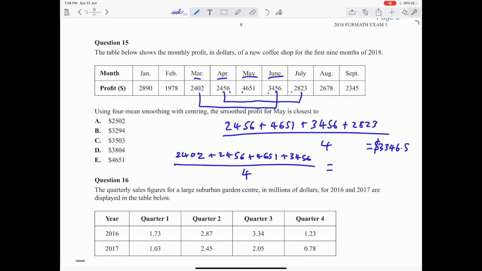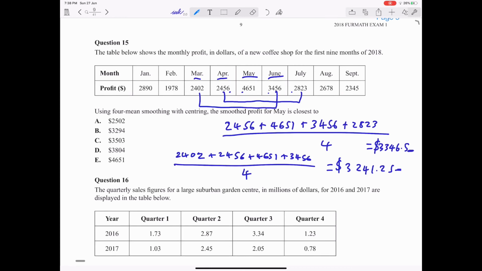So do that on your calculator. That'll give you $3,241.25.